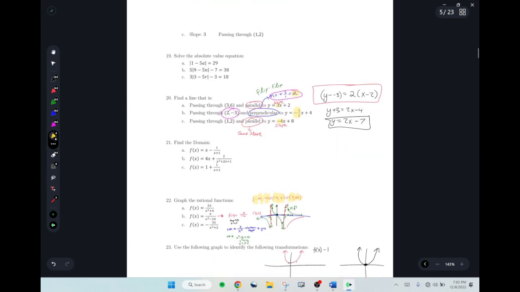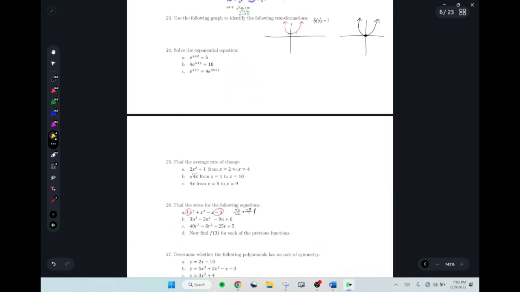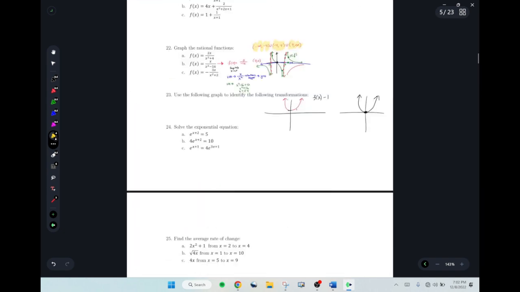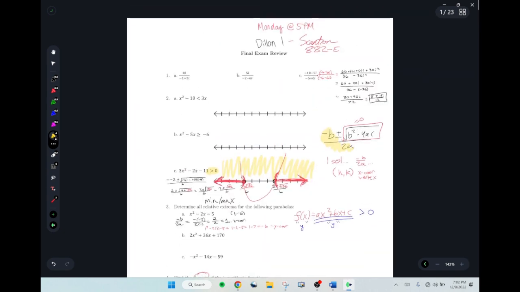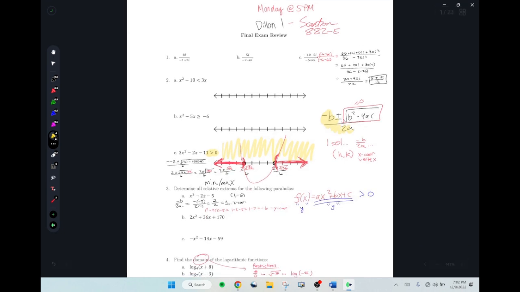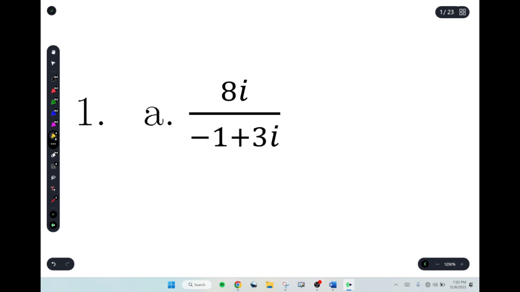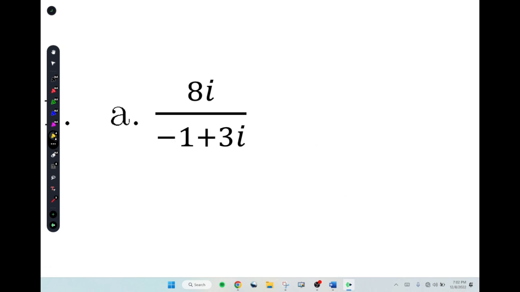All right, what else looks tough or new or from way too long ago, like test 1-ish? Number 1? Had we done that yet? Have we done a conjugate? Okay. It's not as hard as it seems like it should be. All you have to do is know this thing right here is what you change.